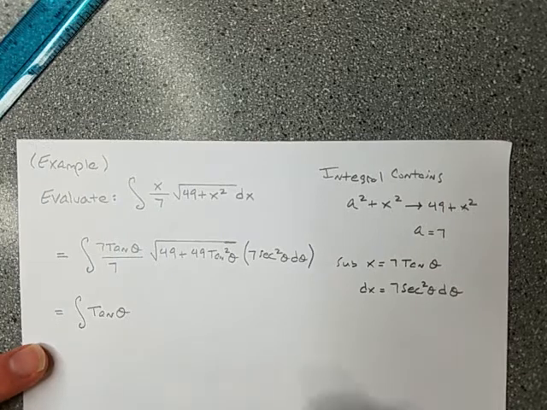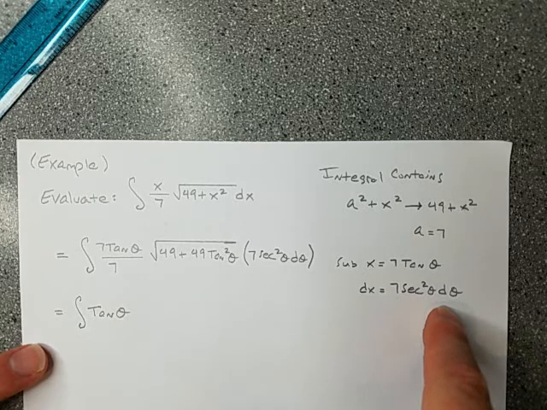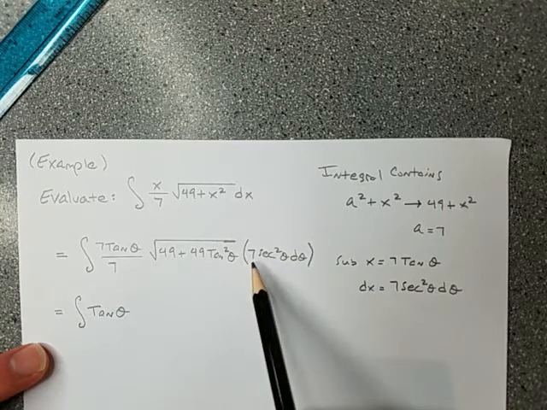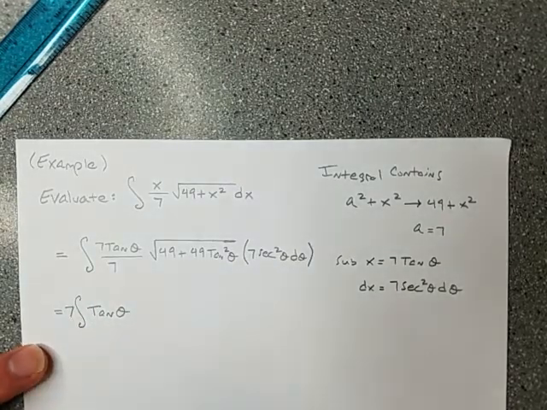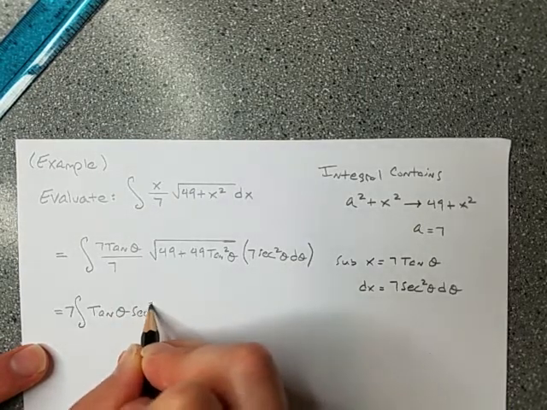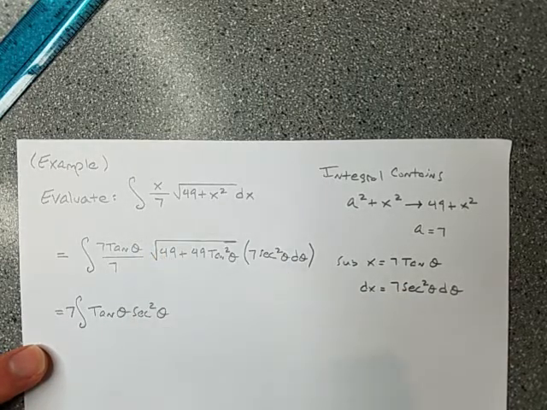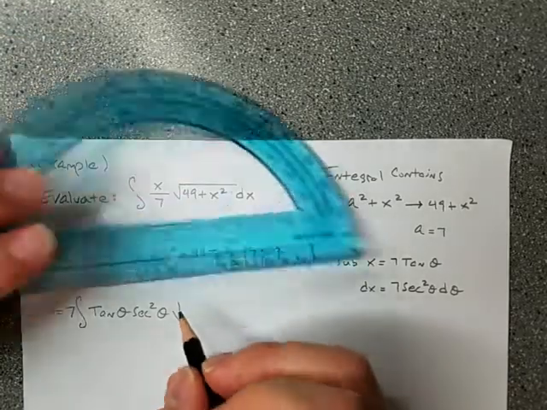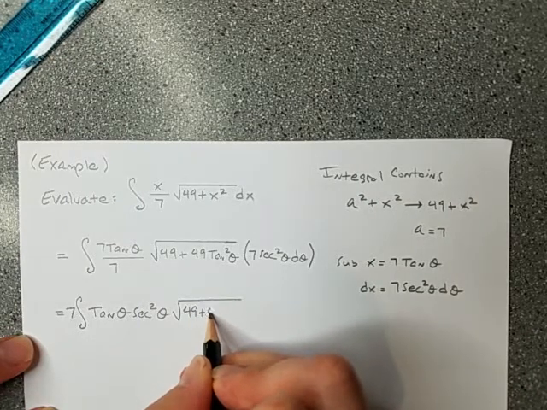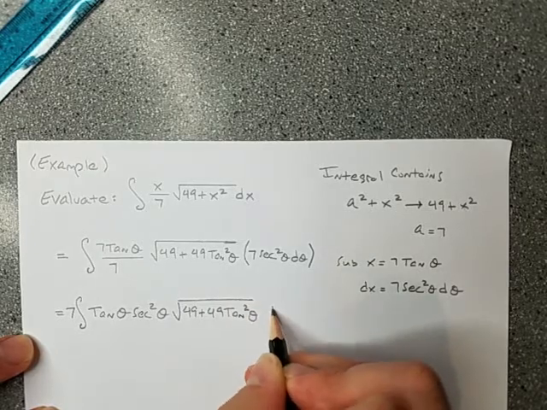And I don't need to keep this 7 secant squared; it's all multiplied, and because it's a constant, I can remove it and put secant squared over here in front of the root. Here I'm just reorganizing a little bit. And I still have 49 plus 49 tangent squared theta, and then the differential d theta.